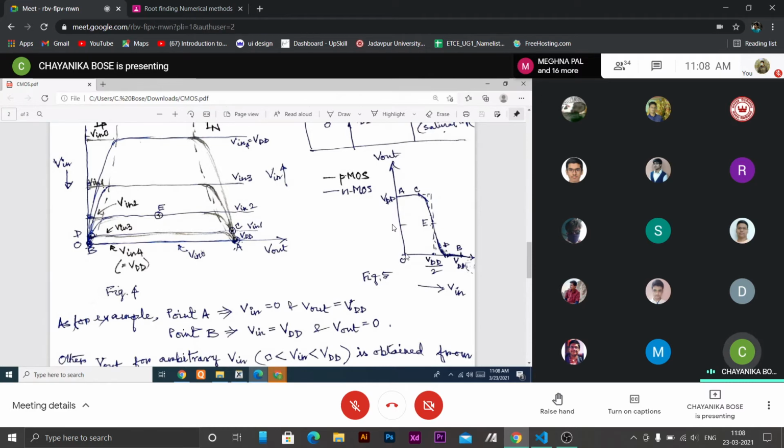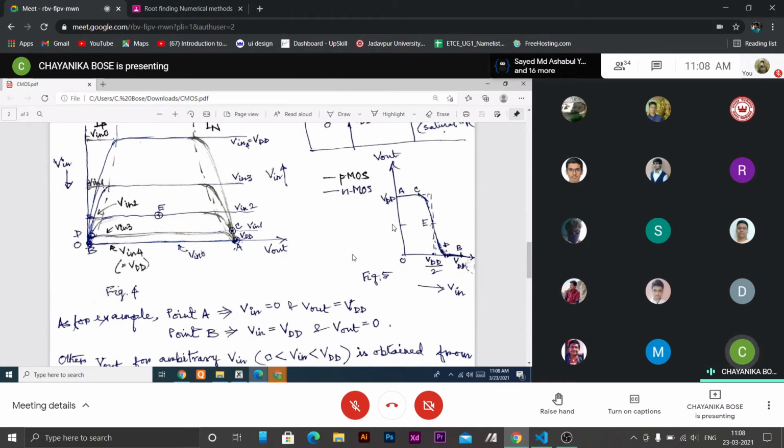But here, if there is 2 volt noise, which makes the net input voltage 2, we see that the output is still VDD, what it should be when only the input was there, in the absence of noise. That means the presence of noise cannot affect the output voltage. So this property provides some noise immunity to the system.